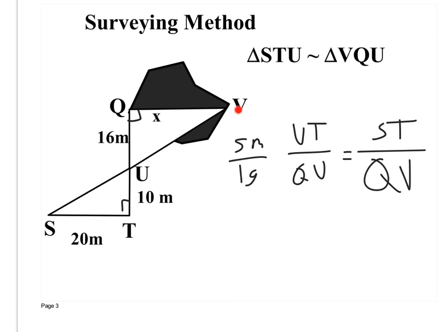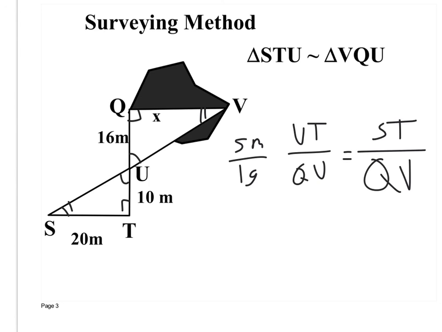What side's proportional on the small one to VU? SU, right? This side. See how this is the slanting side? Because you could think this angle is going to be equal to that one, and this angle would be equal to that one. So that might help you out a little bit. But this side you can't use. This is the side you need, which goes with that side, and this side goes with that side.